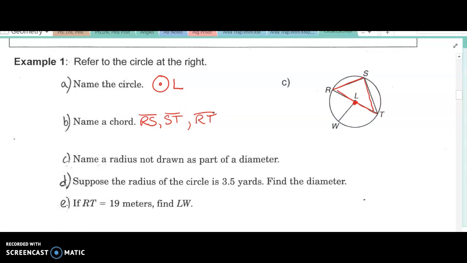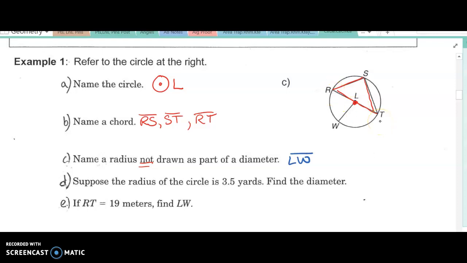Those are all 3 chords. Name a radius not drawn as part of the diameter. So one radius would be LW. In fact, that's the only one that's not part of the diameter, because RT is the diameter.